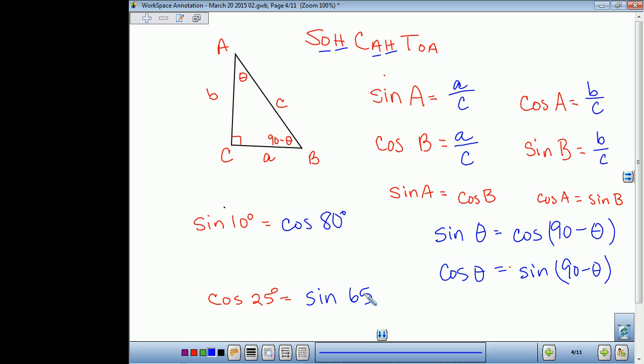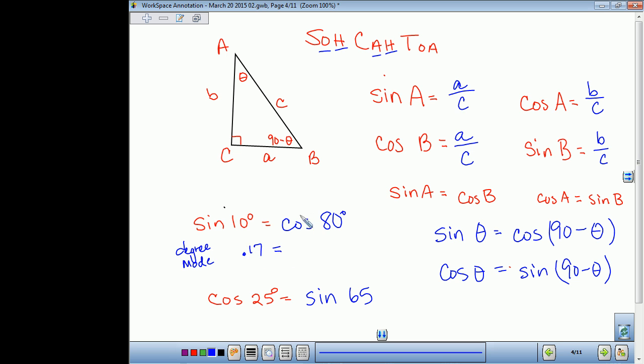Okay? And so when we look at our trig ratios, those are equivalent statements. And you could even test it. Pull out your calculator. Make sure your calculator is in degree mode before we do this. But if you punched in sine of 10, you get 0.17.